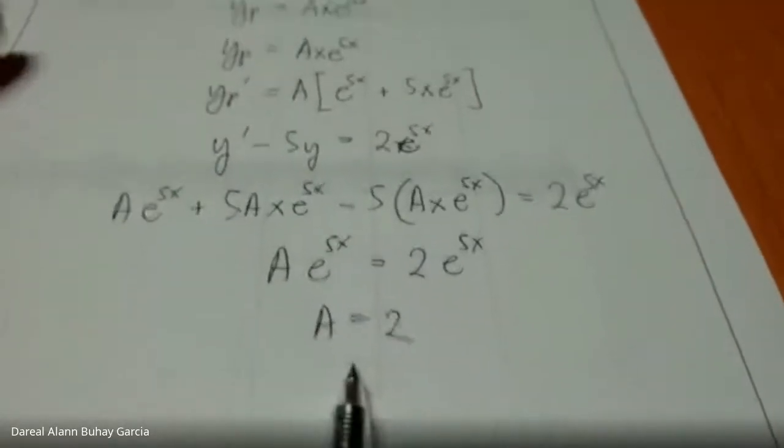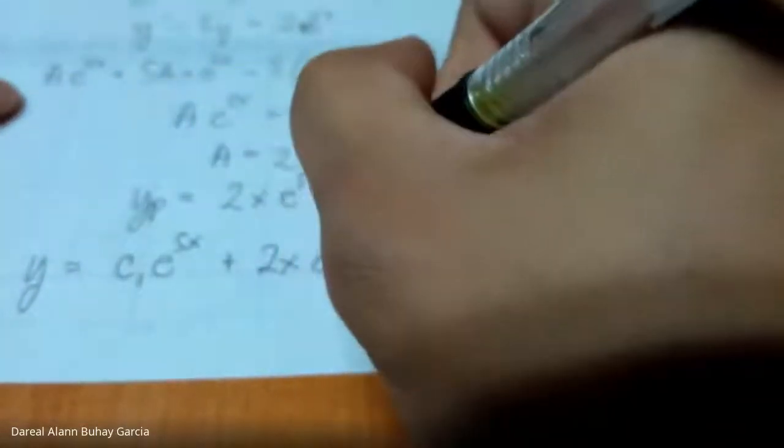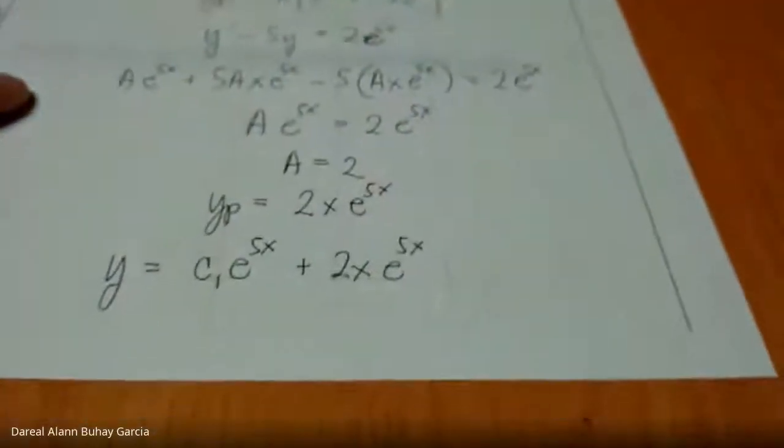Substitute this into our original assumed solution, y p. So y p is 2x e to the power of 5x. Therefore, our general solution is the homogeneous solution, C1 e to the power of 5x, plus 2x e to the power of 5x.